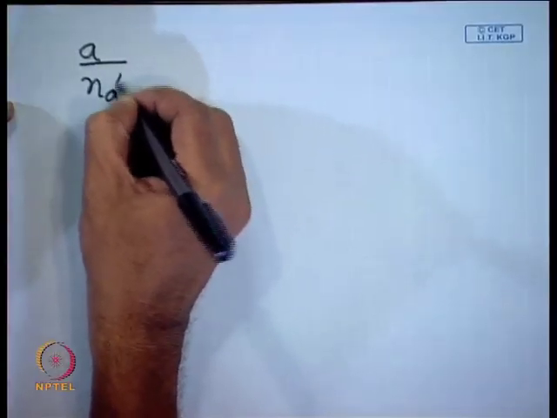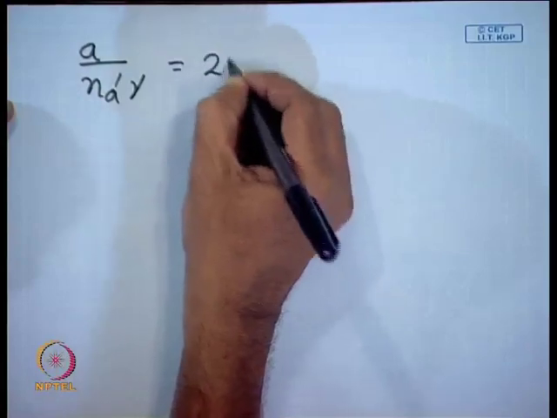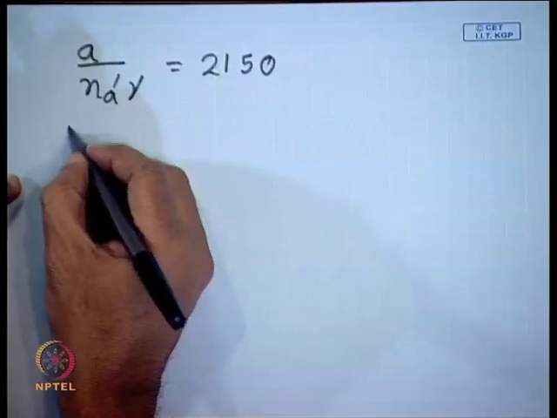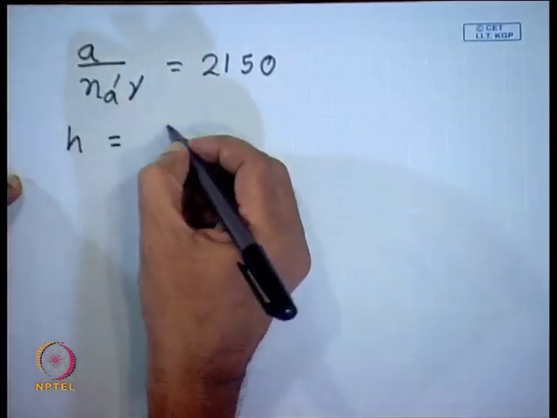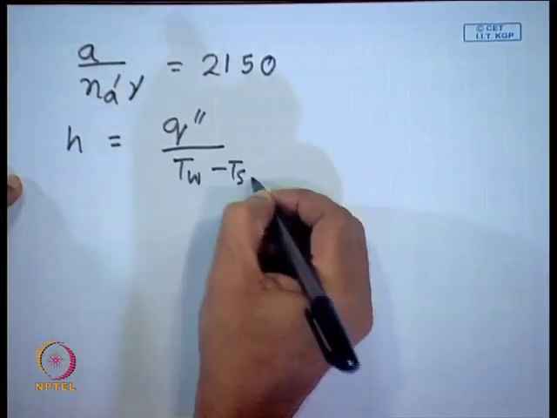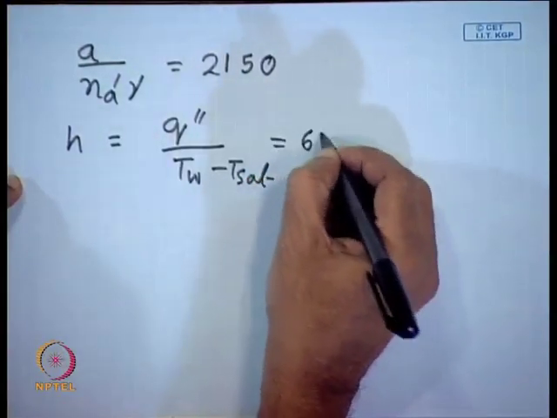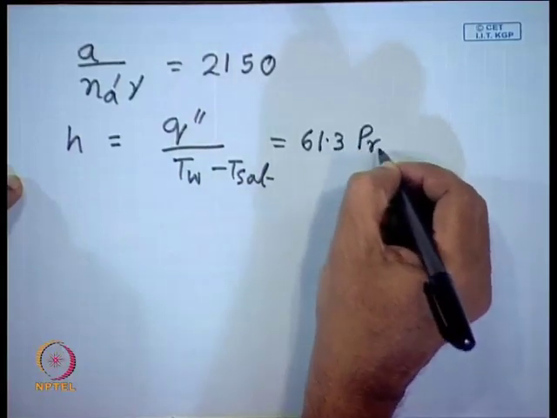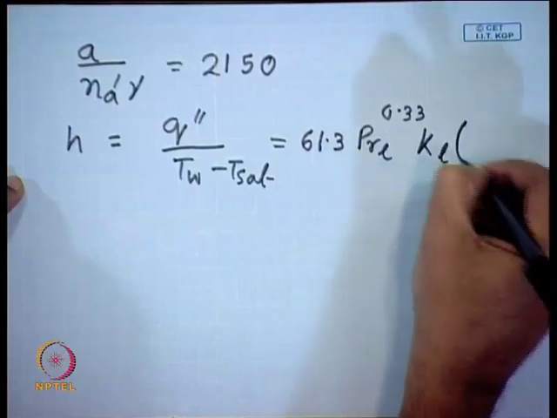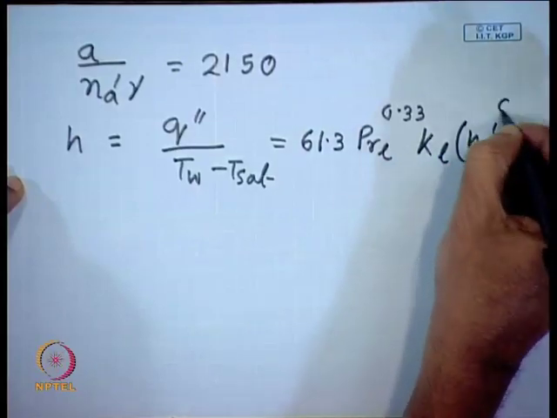Now, based on some experimental data, A by N_A dashed, okay. So, ultimately H is equal to Q by (T_W minus T_saturated) is equal to 61.3 Pr_L to the power 0.33 by K_L N_A dashed to the power 0.5.